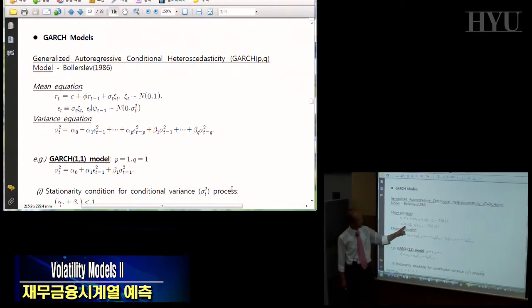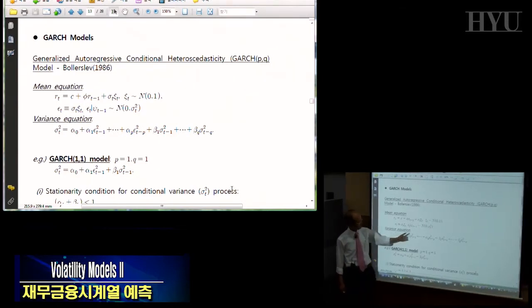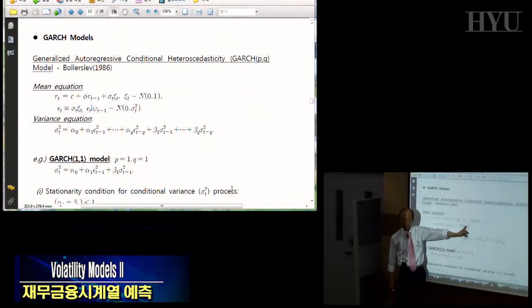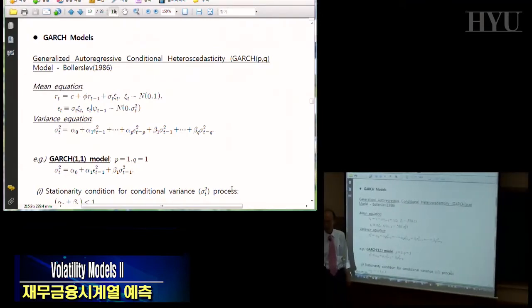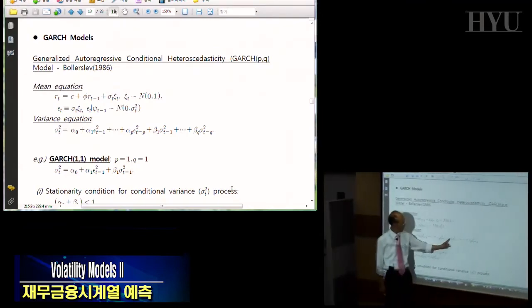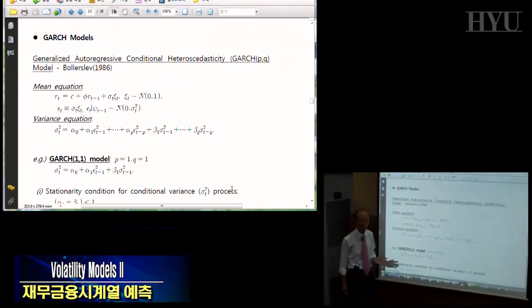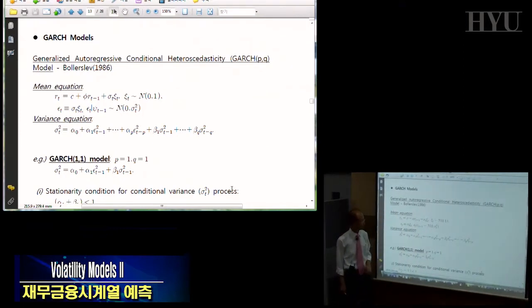On the other hand, sigma t is going to be determined by this one. So take a look at this formula. In this formula, sigma t squared is the same as this one. Okay? All alphas are parameters to be estimated, of course, right? And all betas are also parameters to be estimated. Right?